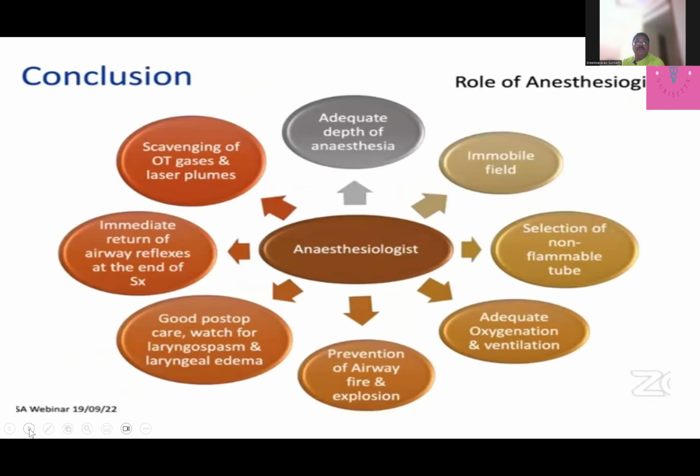Take precautions for prevention of airway fire and explosion, and give good post-op care. Watch for laryngospasm and laryngeal edema after surgery is over, treat airway leaks immediately at the end of treatment, and be careful about scavenging of OT gas and laser fumes. These are the different conditions the anesthetist has to take care of.